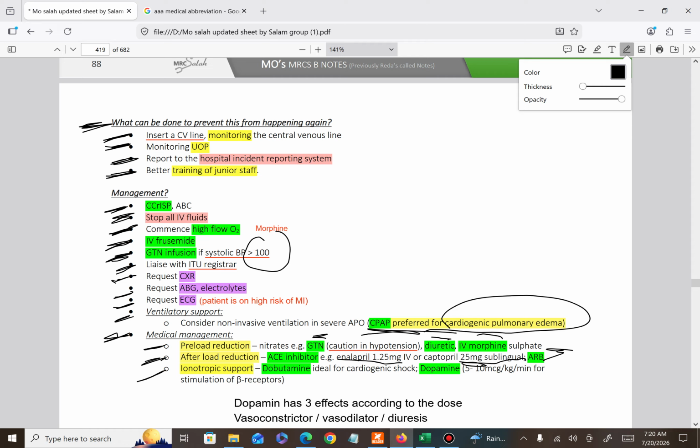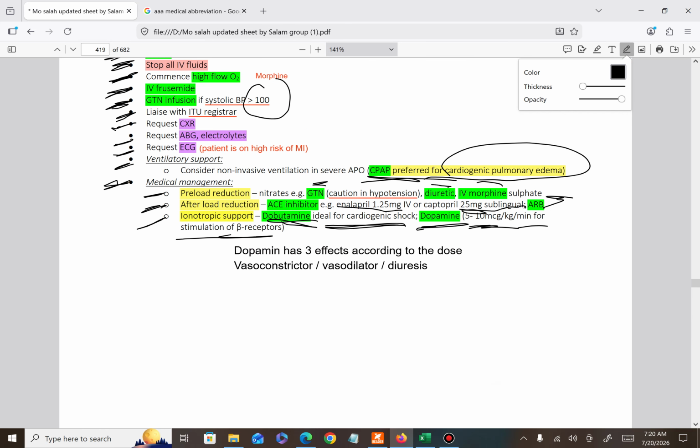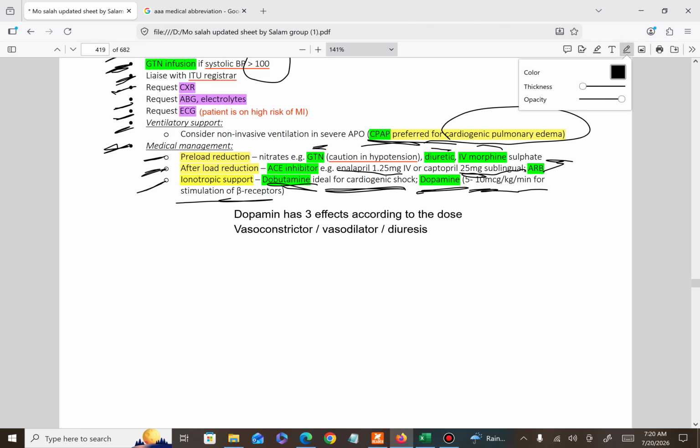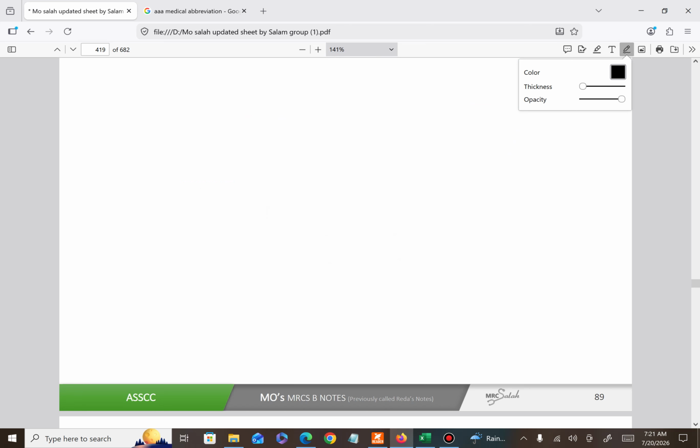Inotropic support will be through dobutamine, ideal for cardiogenic shock, or dopamine 5 to 10 mcg per kg per minute for stimulation of beta receptor. So the dopamine has three effects according to the dose. It can be vasoconstrictor, vasodilator, or diuresis, depending upon the dose.